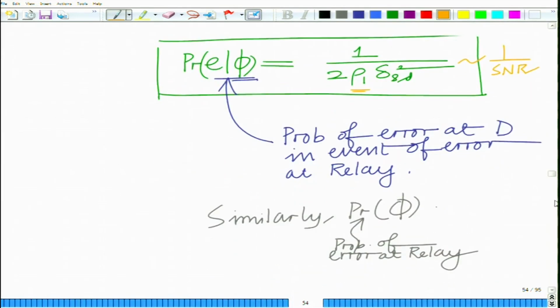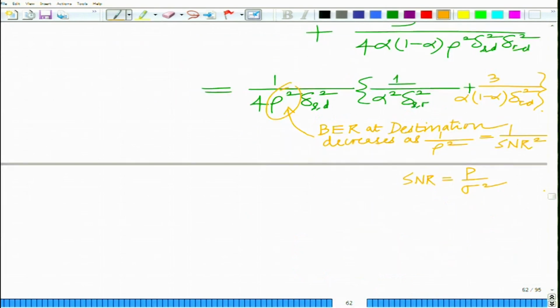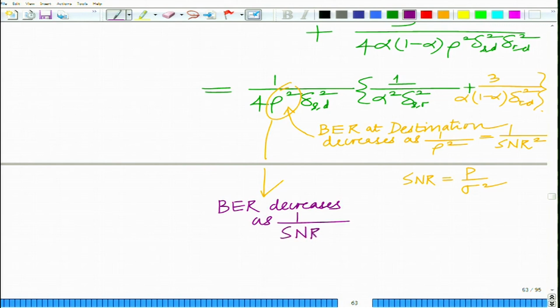However, once you are adding a relay in this cooperative communication system, the bit error rate decreases as 1 over SNR square, and this is very important because the bit error rate is decreasing as 1 over square of SNR.